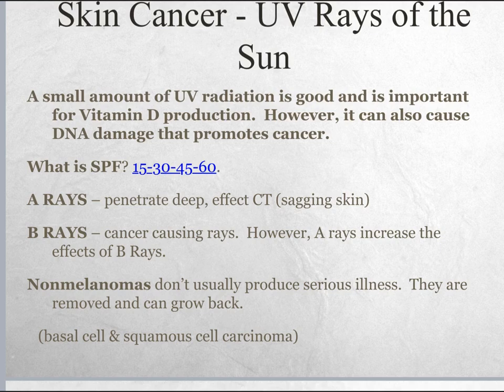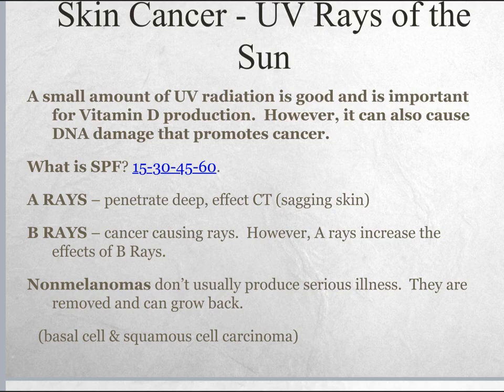So first of all, how do they make and determine what SPF does or means? So typically, if you look at a normal individual that will burn in 10 minutes out in the sun, an SPF of 8 gives you 8 times that 10-minute protection. So an SPF of 8 gives you 80 minutes of high sun protection.